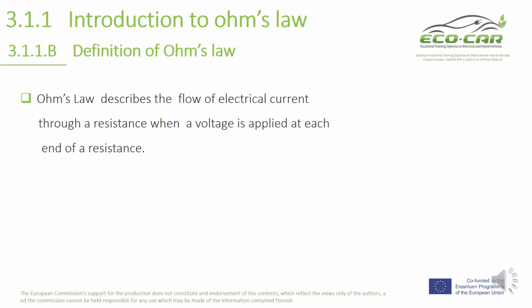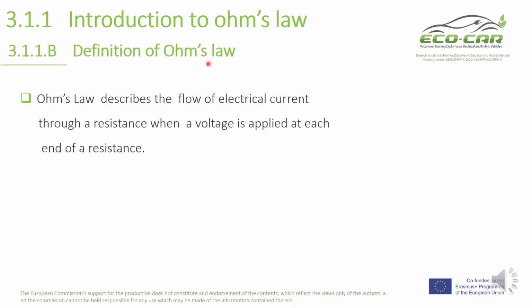Now, the definition of Ohm's law. Ohm's law describes the flow of electrical current, so we have here current through a resistance when a voltage is applied at each end of the resistance. So this is voltage.